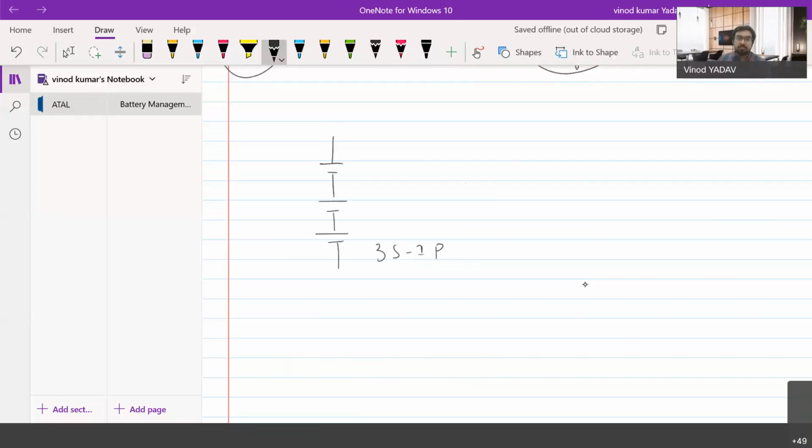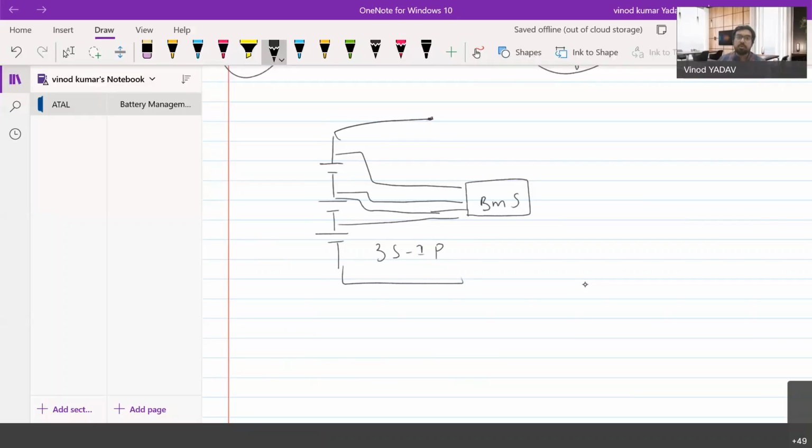So what the BMS will do is monitor the individual voltage of each cell. Also, it will monitor the overall voltage of this battery.